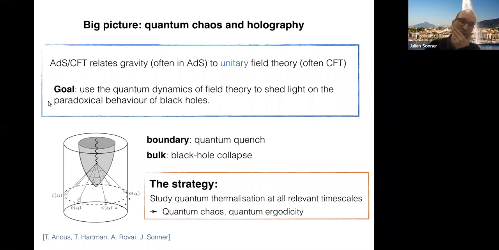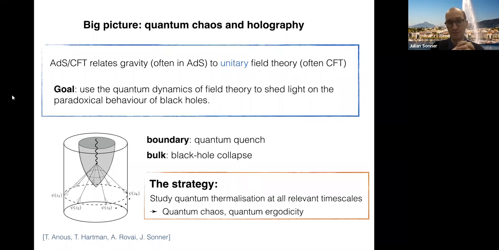And the way that has led me in this direction of talking about quantum chaos is actually work that I think I talked about already at various occasions in India, in which we tried to understand how you understand black hole formation and subsequent evaporation using ADS-CFT in terms of a controlled field theory calculation. And the idea is essentially that you set up your dual quantum field theory that dually describes the gravitational bulk in some non-equilibrium initial state.